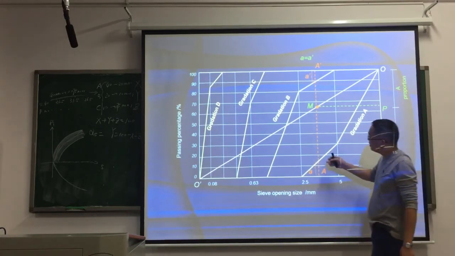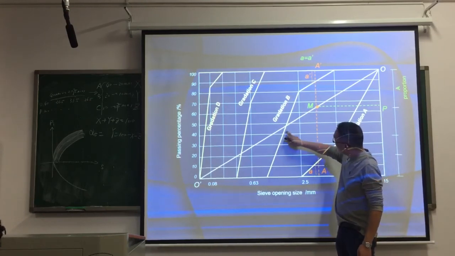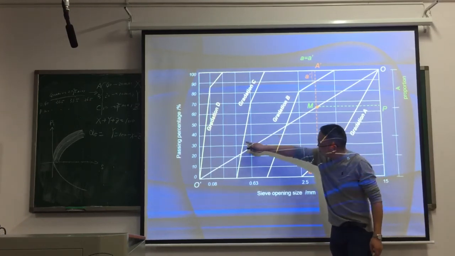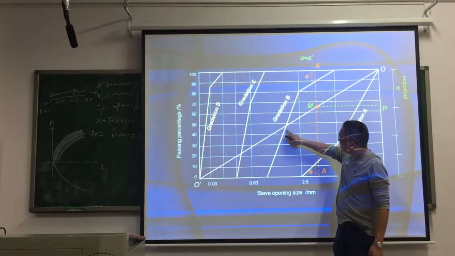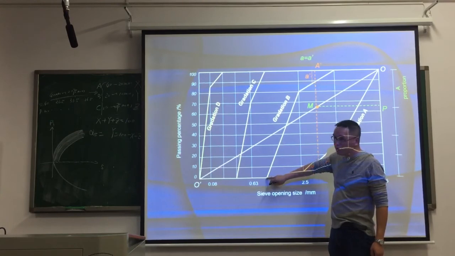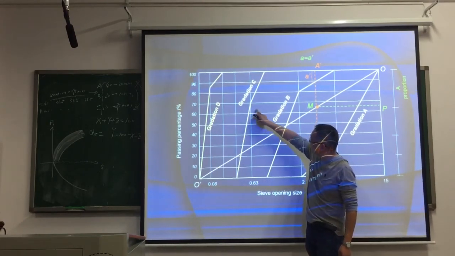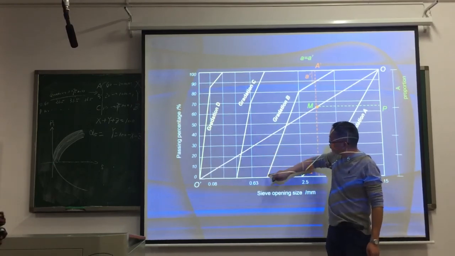And then for aggregate B and aggregate C, the minimum size of aggregate B is 1.2, and the maximum size of aggregate C is 1.2.